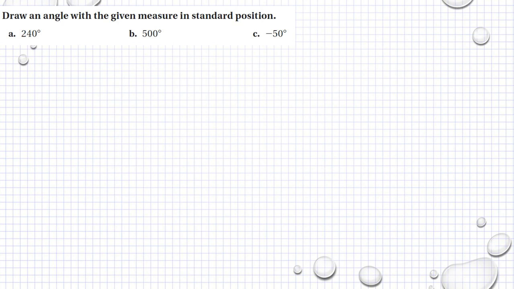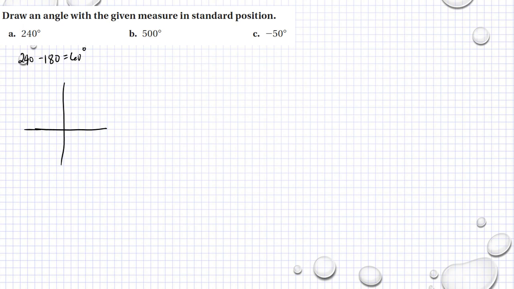For example, 240 is more than 180, so 240 minus 180, that is 60 degrees. So if I'm going to do that here now, I'm going to use the coordinate plane because it is easier for me to understand or easier for you to see instead of using a circle.